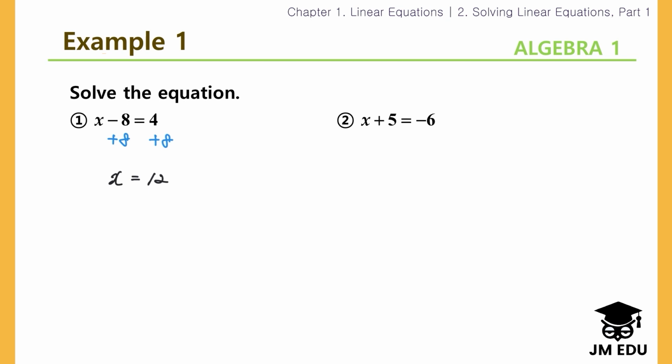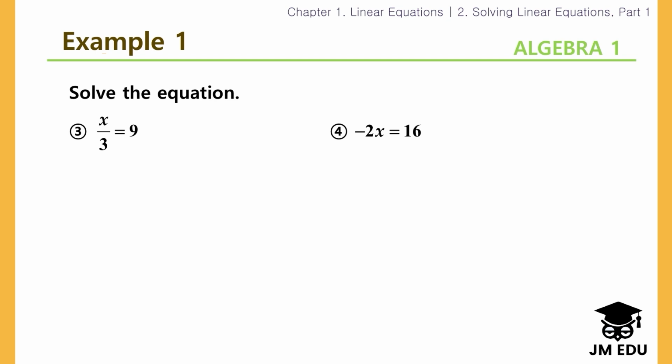Number 2, we're going to eliminate plus 5 by subtracting 5 from each side. Then on the left-hand side, we have x is equal to negative 6 minus 5, that's negative 11. Number 3, we have x over 3 is equal to 9, right?